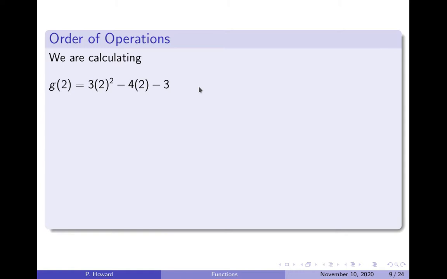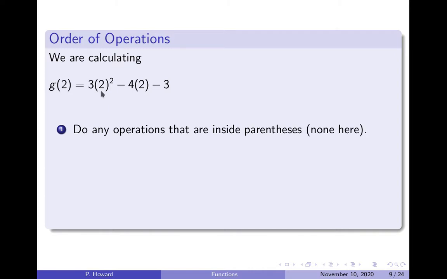And what I want to do is look in detail at the order in which the operations should be done. There are standard conventions for the order of operations. And the first thing you do is any operations that are inside parentheses. Well, in this expression, we don't have any operations inside the parentheses. We just have numbers.